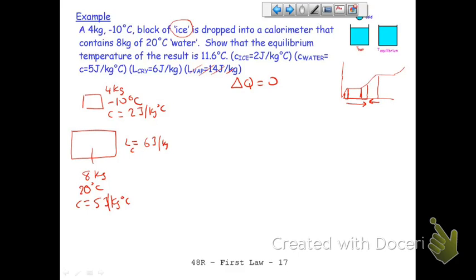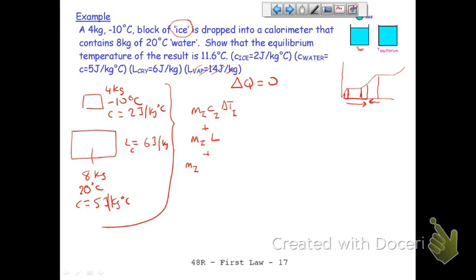So then I say, well, I have the mass of the ice times the specific heat of the ice times the temperature change for the ice. Let's do it vertically because it just seems to lend itself a bit better like that. Plus the mass of the ice times the latent heat for the ice. Now I've melted it. Then I have the mass of the ice. It's still ice, but now it's water. Agreed? It's the same molecules that were ice, but now they're water. Agreed? They're melted.